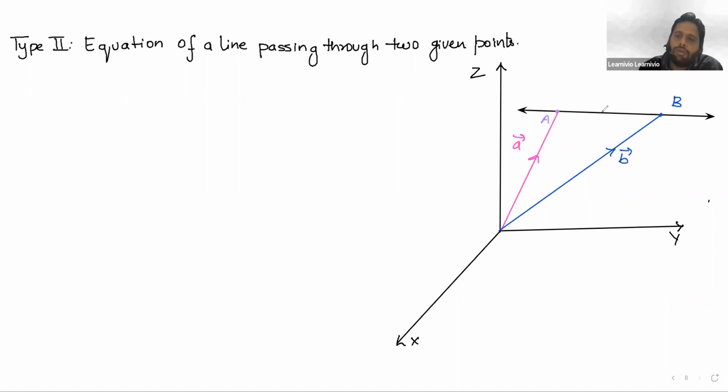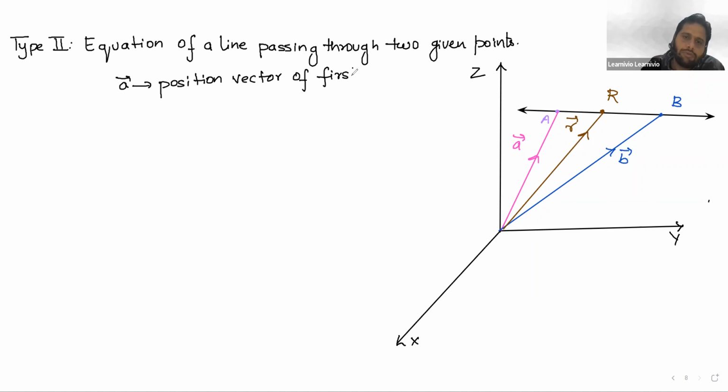So what we will do, we will take a point R here, any arbitrary point. This has position vector R. A is the position vector of the first point through which the line is passing.